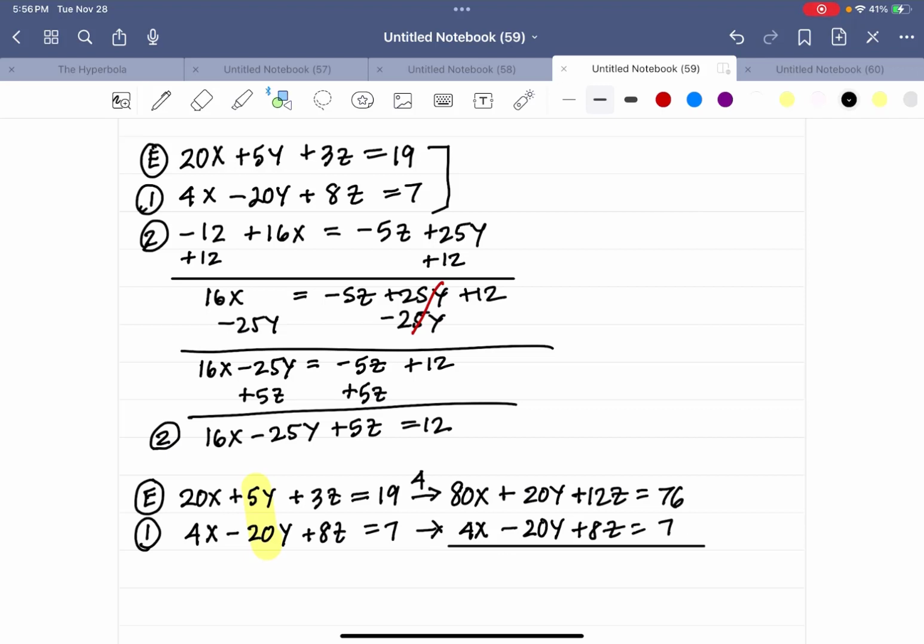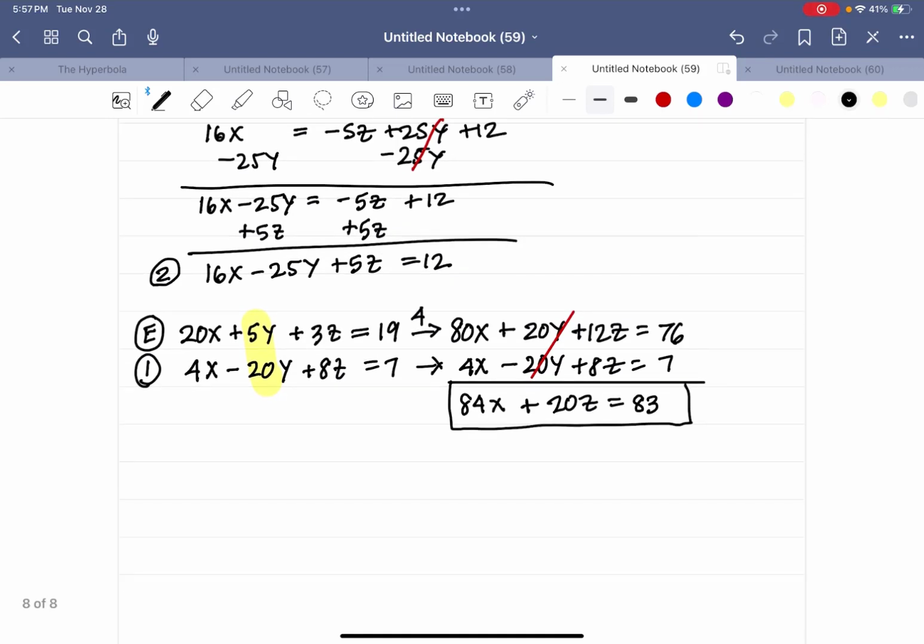I can add these together to eliminate the y's. 84x plus 20z equals 83. And so this is going to be my first equation in x and z.